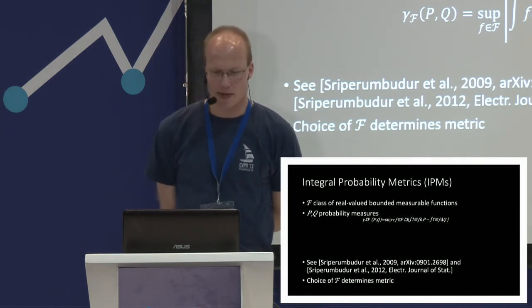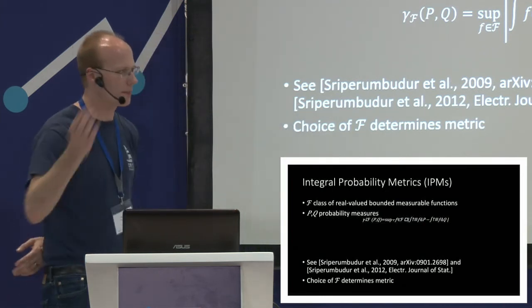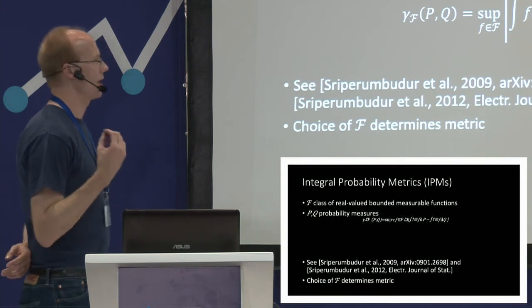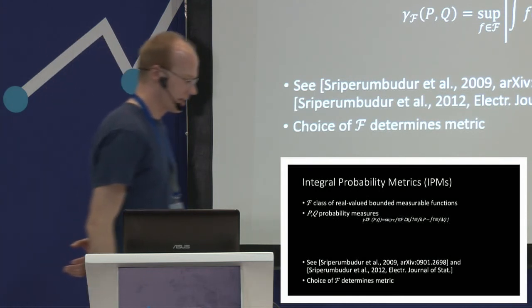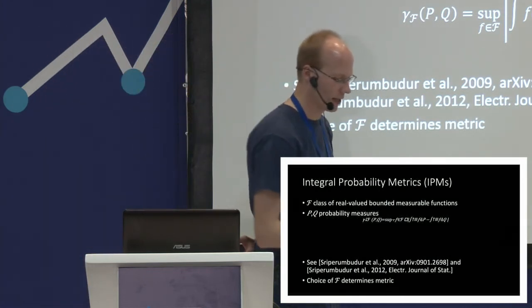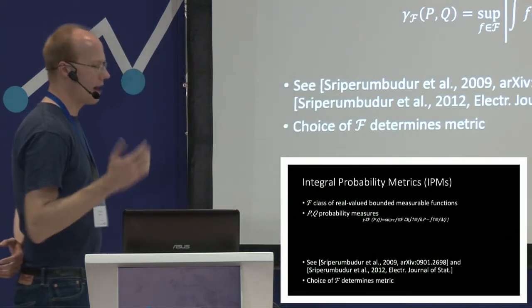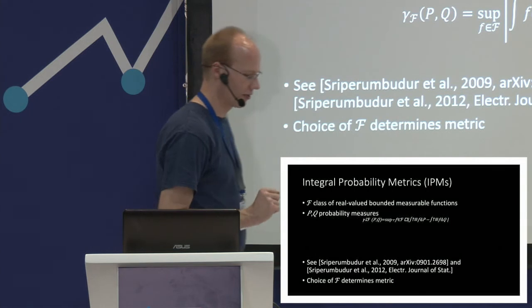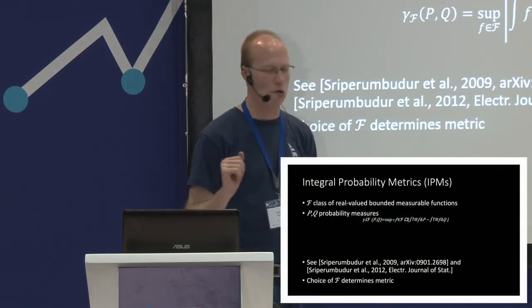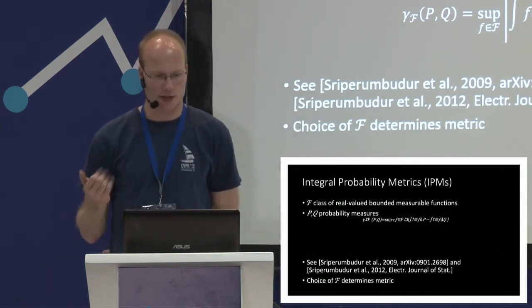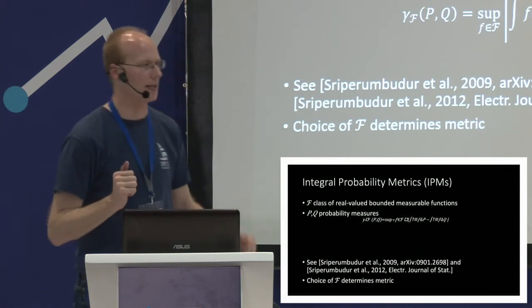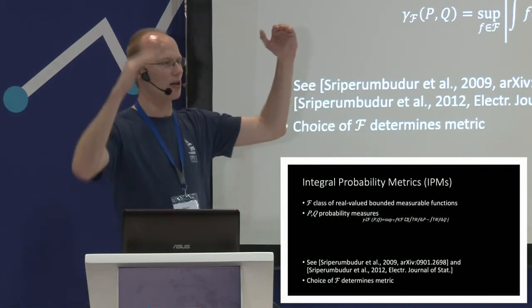So what is an IPM? I think it's conceptually a much simpler concept than f divergences. It says, I have two distributions, P and Q, and I'm searching for averages over P and averages over Q of some function f. I want to find a function f that is high on one distribution and low on the other.